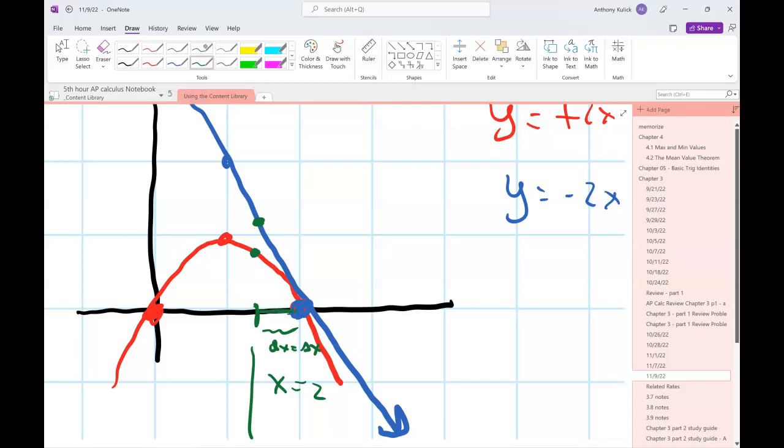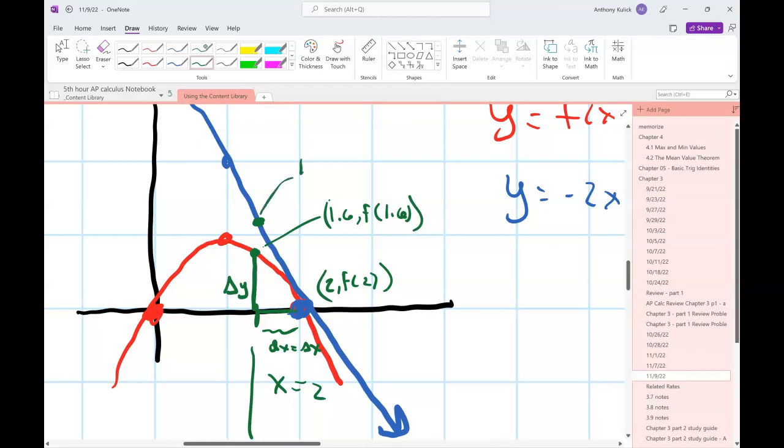So this is like my dx. This distance here is my delta y. That's the change in y coordinate from 2 comma f of 2 to 1.6 comma f of 1.6.